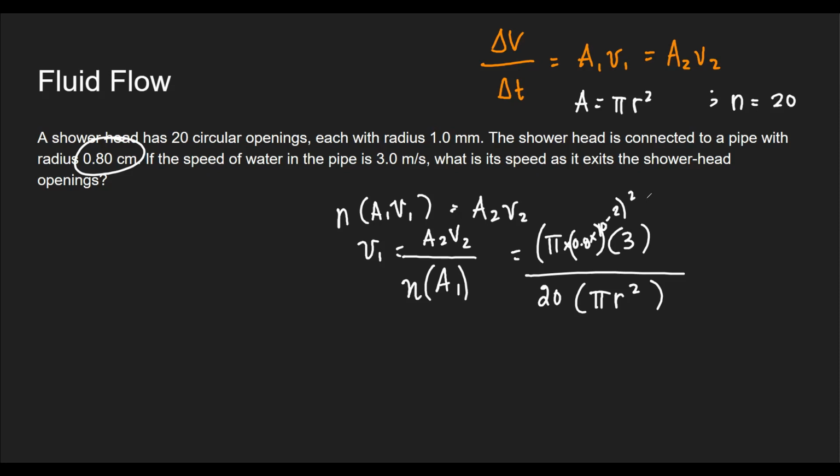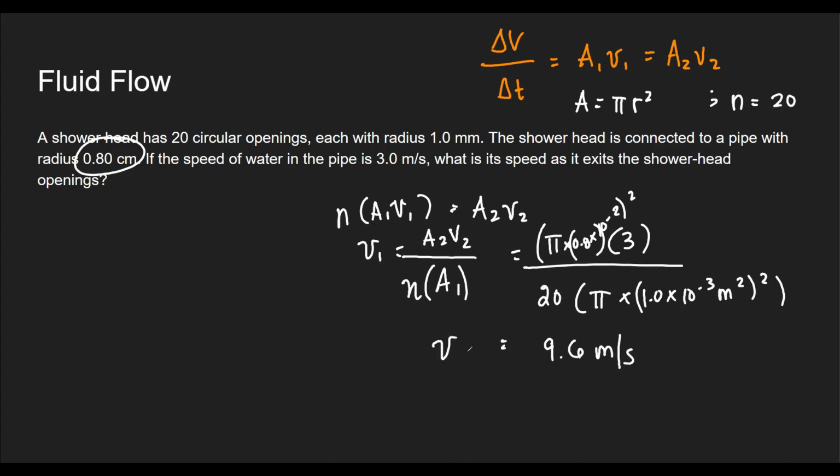My pi is 3.14. My r is 1 times 10 to the negative 3 meters, squared. That'll just give us 9.6 m/s, which is for our v, or velocity, the speed as it exits the shower head openings.